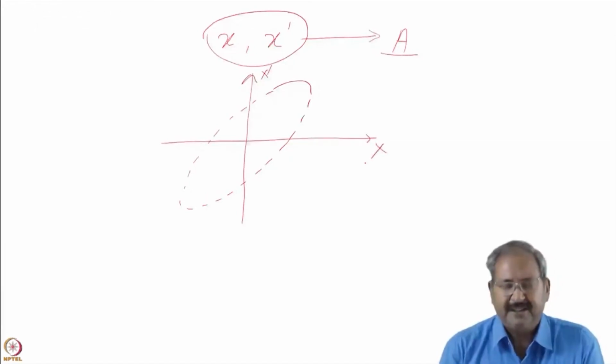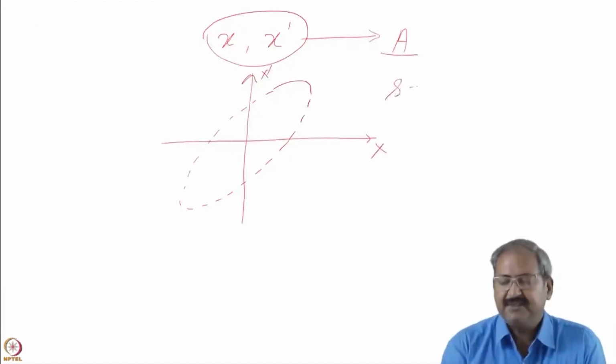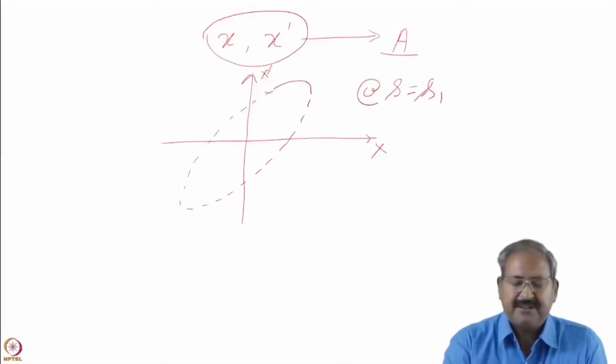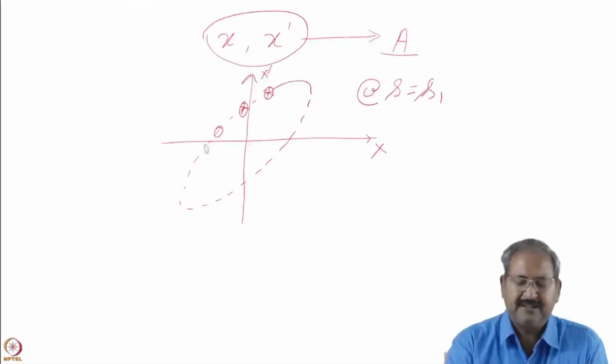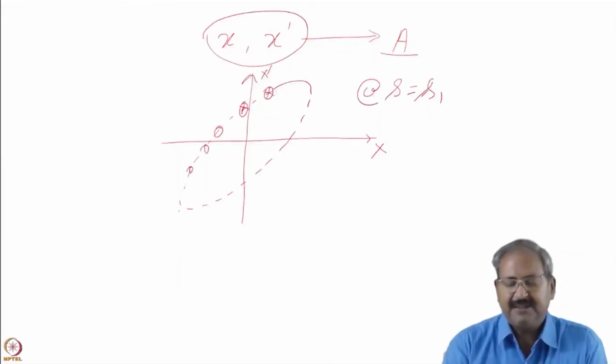So this may be the ellipse, say at S is equal to S. We have certain, this may be one combination of x and x prime, this is another, this is third, this is fourth, like this. So this will define an ellipse.